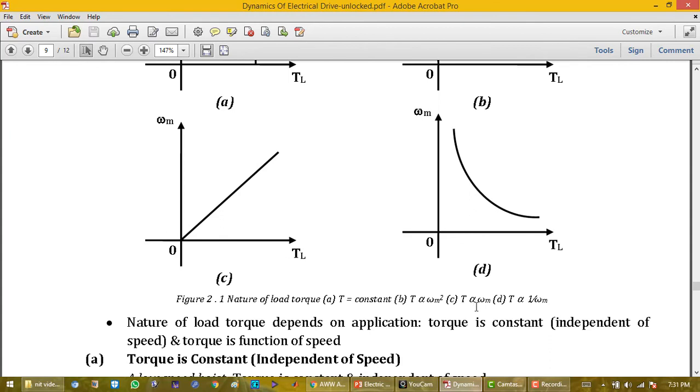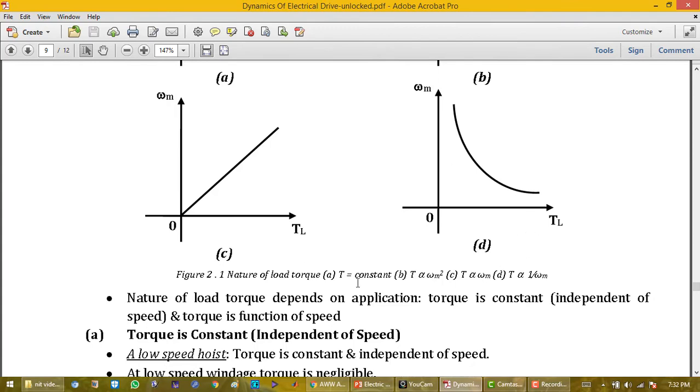Now the third one is T proportional to omega m, y equals mx, we know. And this is T equals 1 by omega m, a rectangular hyperbola. So these are a few natures of load torque.